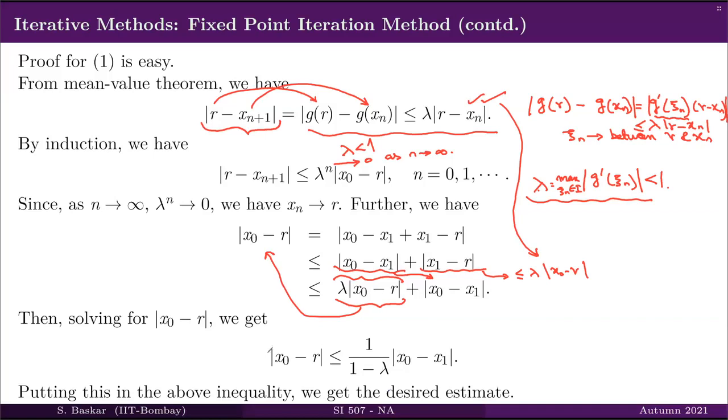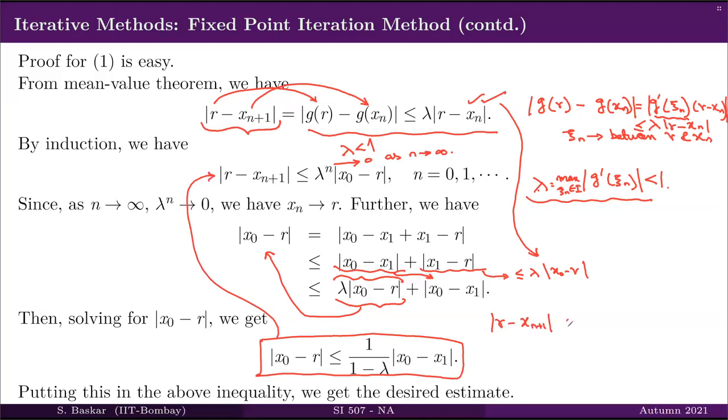Now you put this inequality in this inequality, we get mod r minus xn plus 1 is less than or equal to lambda^n times, I'm replacing this by its upper bound, that is 1 by 1 minus lambda into mod x naught minus x1.